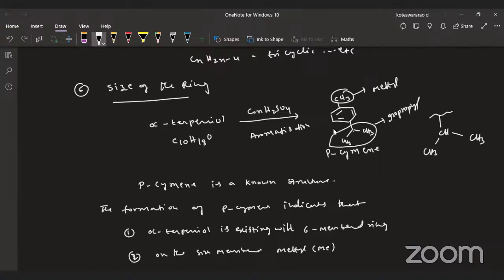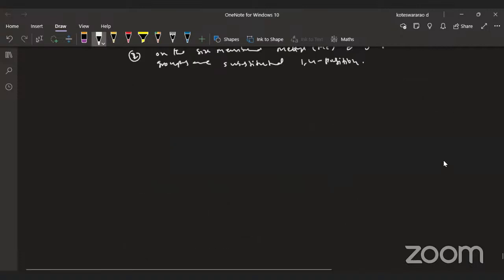And on the 6-membered ring, methyl and isopropyl groups are substituted at the 1,4 position.